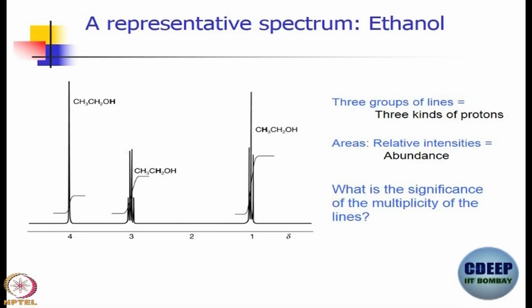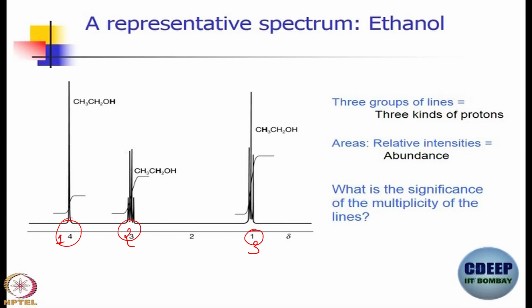The CH3 methyl one, having some shift around here, will have an integration value of 3, this CH2 should have an integration value of 2, this should have 3, and this should have 1, right?